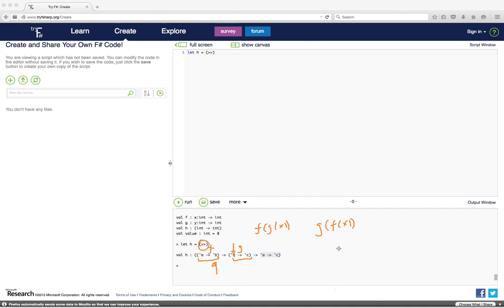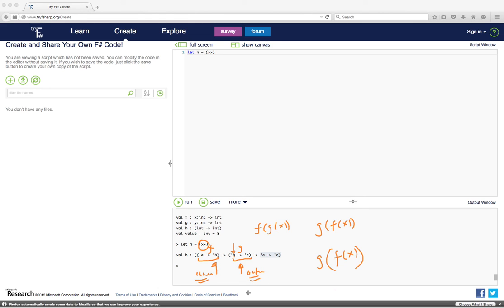So what this really implies is f of x: f consumes a value of type 'a, gives you back a value of type 'b, and that 'b is fed as an input to my function g. So the first parameter into the forward operator is acting as my inner function, and the second parameter is acting as my outer function.